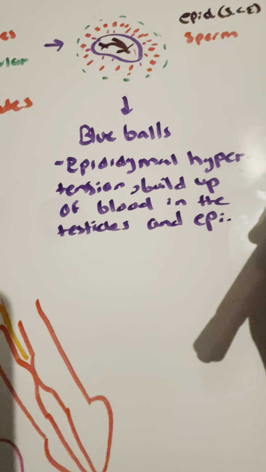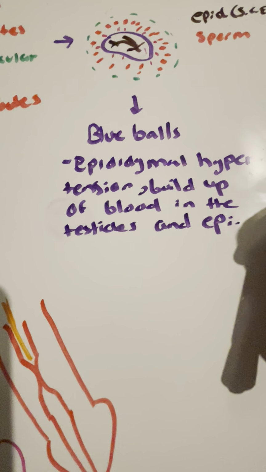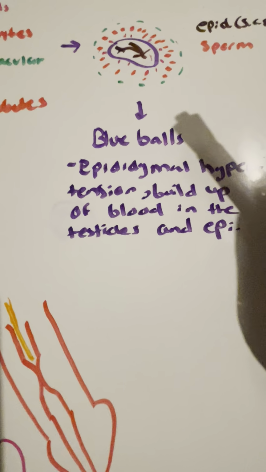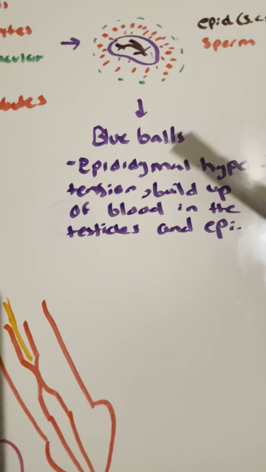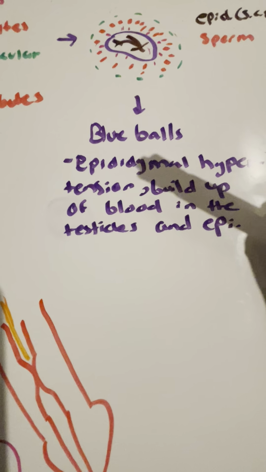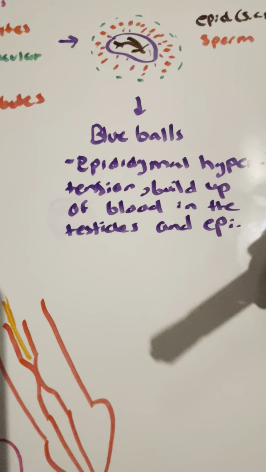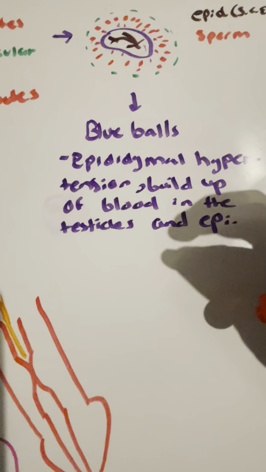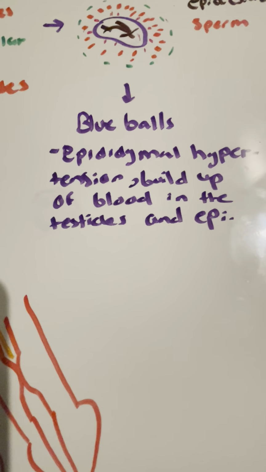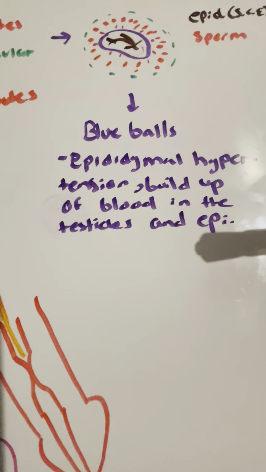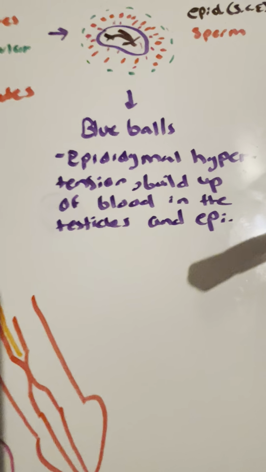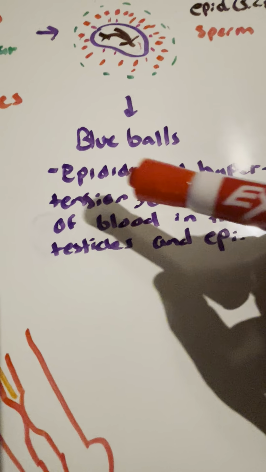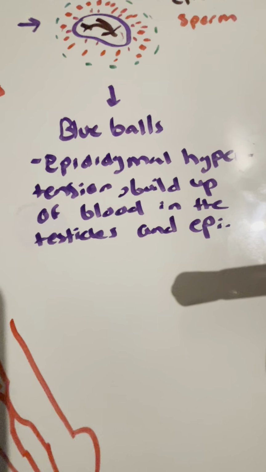whenever you have an erection, you obviously have blood flowing into the penis, and you're going to have a bunch of blood built up in there, because it makes the tissue become erect. What happens during blue balls is that you have an increased amount of blood building up in the testes, specifically around the epididymis.